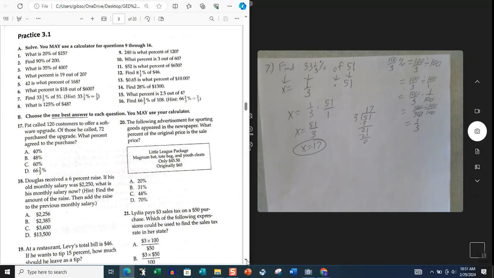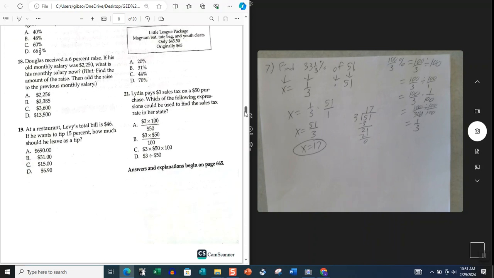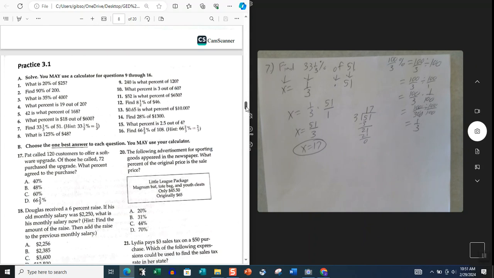Okay, now, they tell us for problems 9 through 16, we can use a calculator. But it also tells us for problems 17 through 21, we can use a calculator. So basically, for the rest of this exercise, we would be using a calculator. Now, I showed you extensively how to write out these problems when you read them.